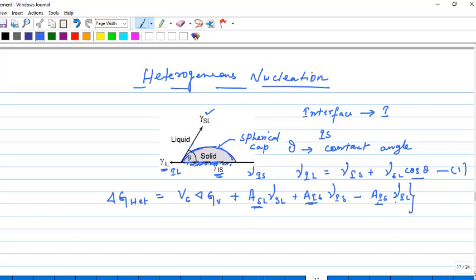So this essentially means that the interface formed between the nucleating surface and the nucleus replaces an equivalent area of liquid and the surface interface.